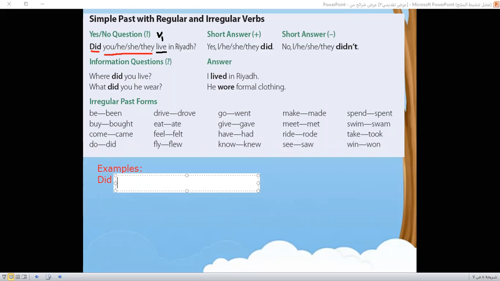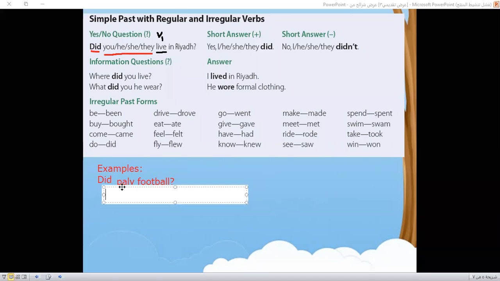Did you play football? And the answer would be... no, it's not related to be.